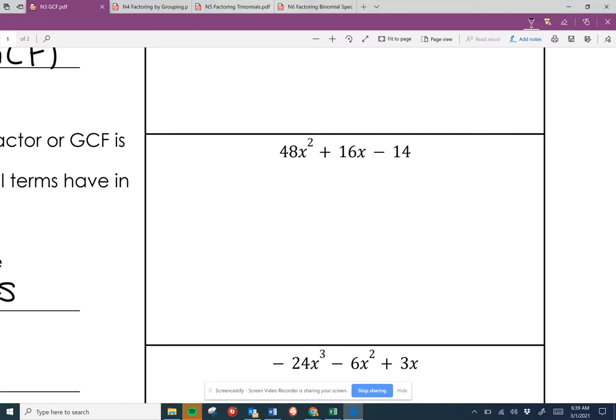We have 3 terms here, so we have to find the biggest number that divides out of all of those. So what I like to do is I always like to go to the smallest number and look at the factors of that number. So in this case, the smallest number would be 14. Okay, the factors of 14 are 1 and 14. Okay, but we can't divide 16 evenly by 14, so we're not going to be able to do that one.